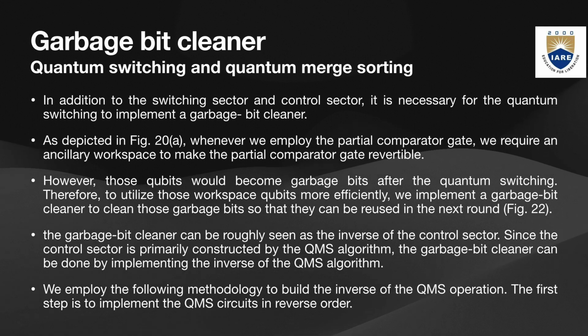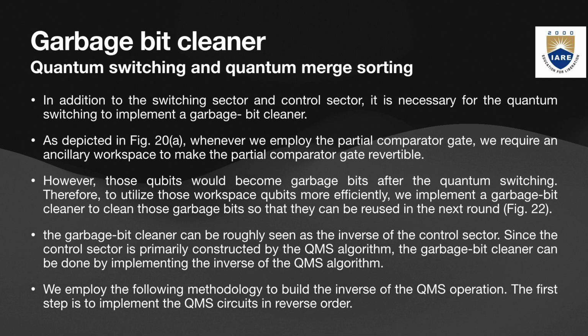However, those qubits would become garbage bits after the quantum switching. Therefore, to utilize those workspace qubits more efficiently, we implement a garbage bit cleaner to clean those garbage bits so they can be reused in the next round.